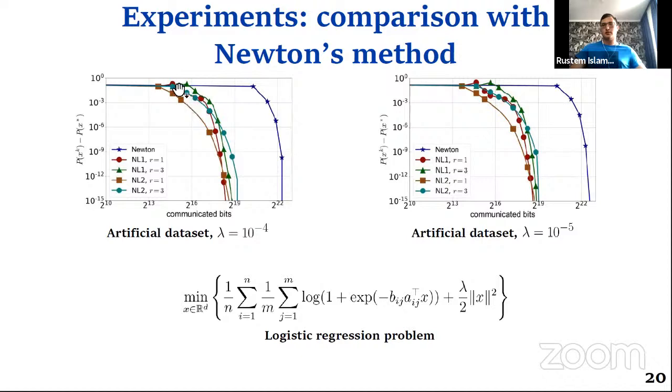As you can see from these plots, the difference between our methods and the Newton method is significant, about 8 times faster. This difference can be larger if we use larger data sets.